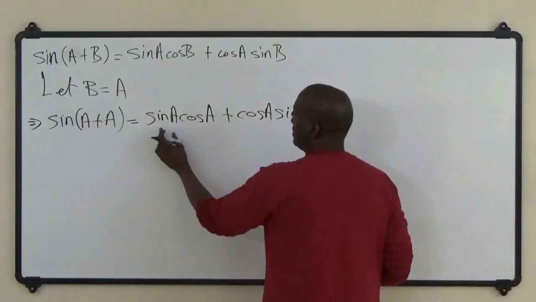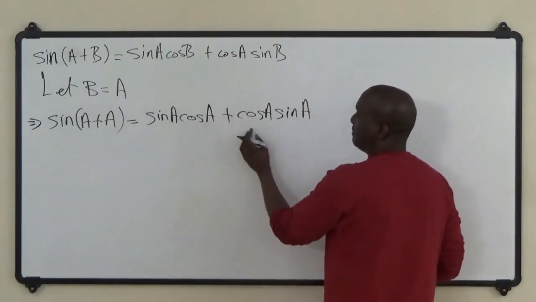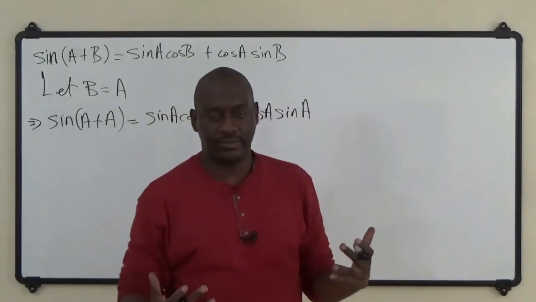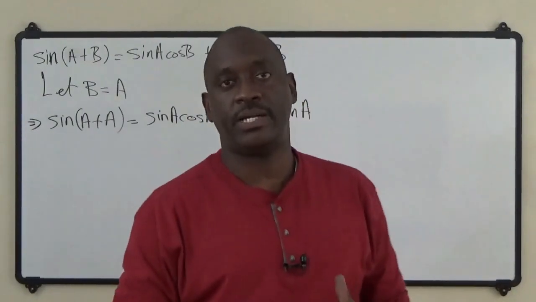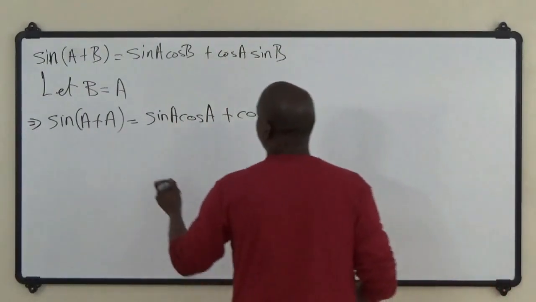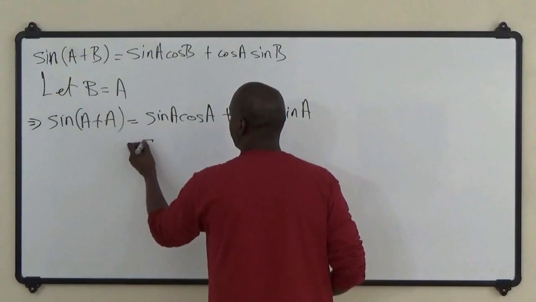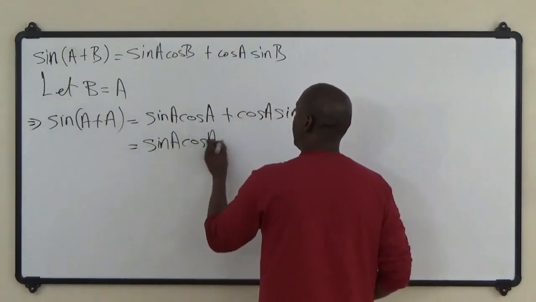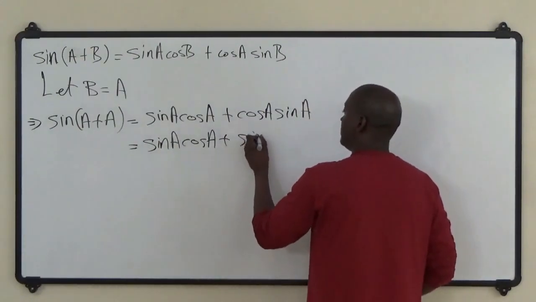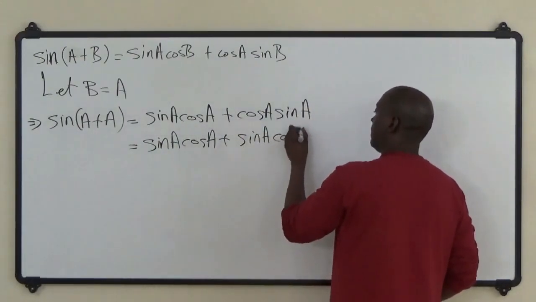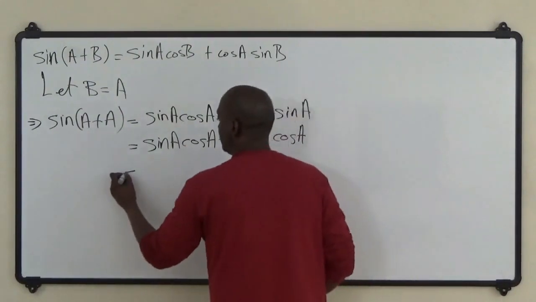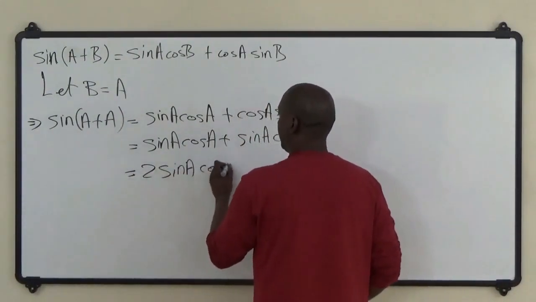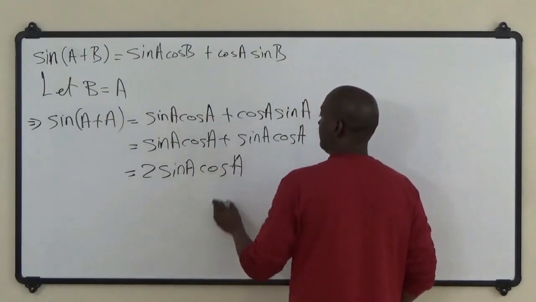Remember, of course, that sine A cos A is the same thing as cosine A sine A, because multiplication is commutative. 2 by 3 is the same thing as 3 by 2. So this, of course, will be the same thing as sine A cosine A plus sine A cosine A, which is the same thing as 2 sine A cos A. All right?